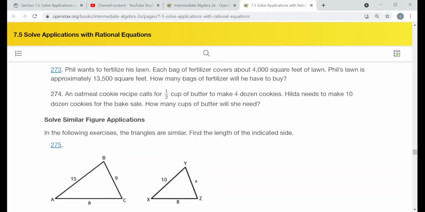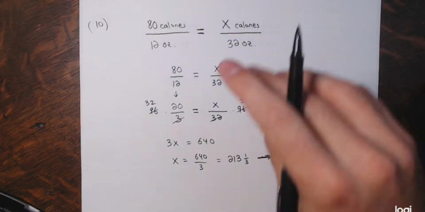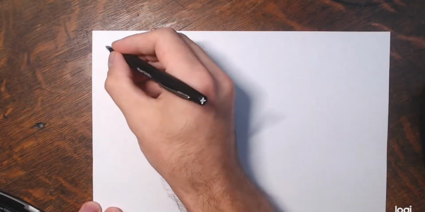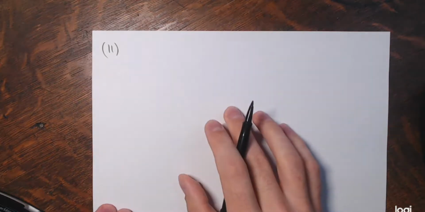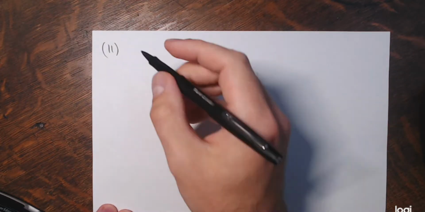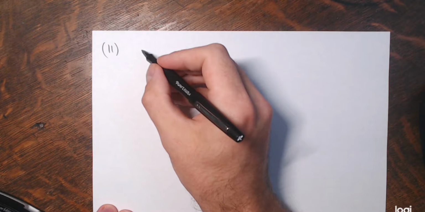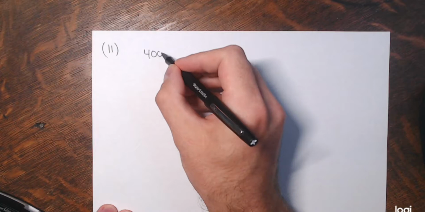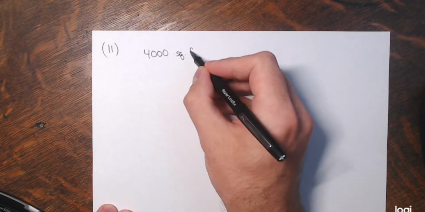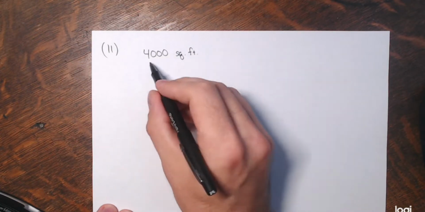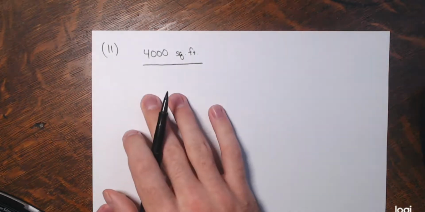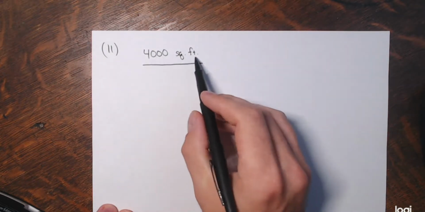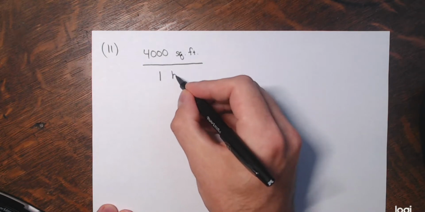All right. So again, back to this question. This is example 11. They gave us this ratio, this rate. The fertilizer covers 4,000 square feet per bag.